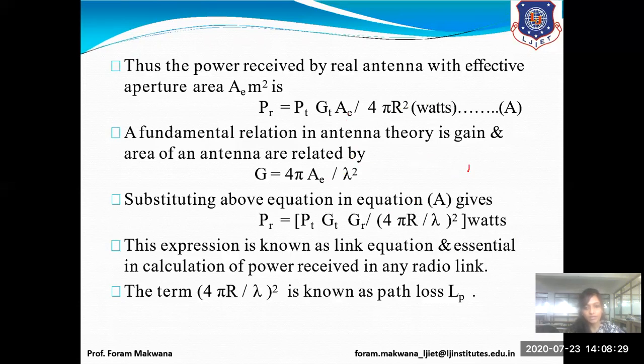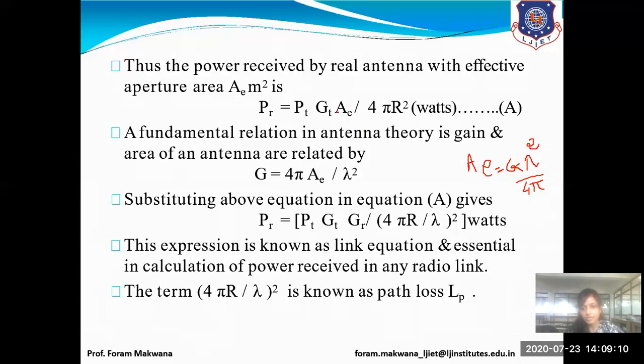So AE is equal to G into lambda square upon 4 pi.